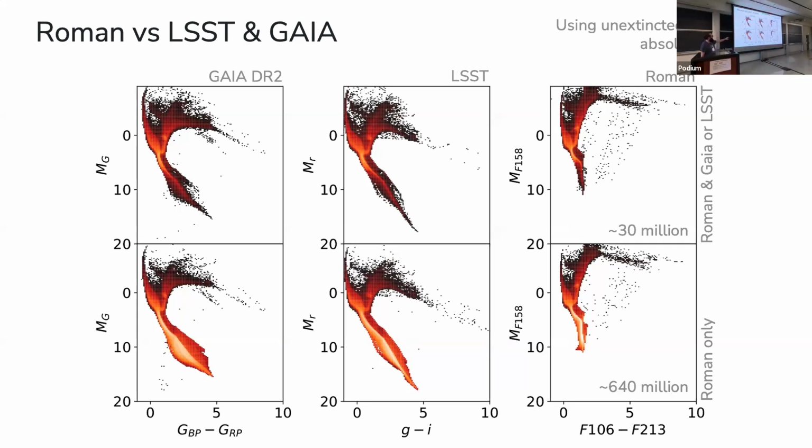And what is very visible, and what we would assume, is that of course Roman will be seeing a large amount of red faint dwarf stars, which is characterized by this massive blob at the bottom of the color-magnitude diagrams. But nonetheless, we still have a nice continuity in the main sequence and the asymptotic giant branch that is very similar to the top panel. And those are probably stars that are hidden by the dust clouds and that Roman will be able to see.